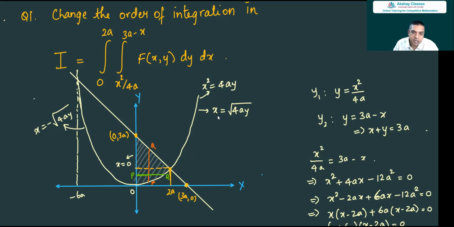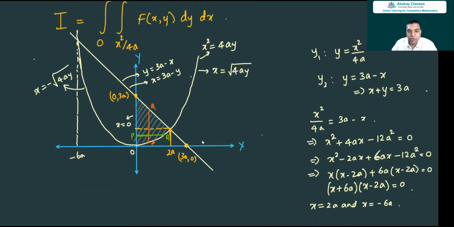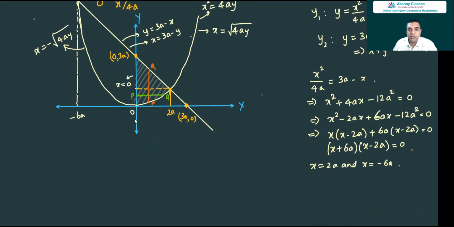In terms of y, it is x equal to under root 4ay. And this one, the equation of the line y is equal to 3a minus x, is also x is equal to 3a minus y. So now we need to integrate. This point is O, this point is A, this point is B. O, A, B, O, this region.